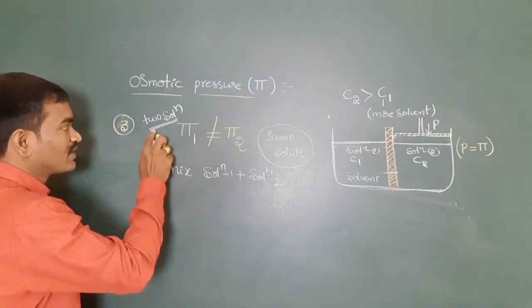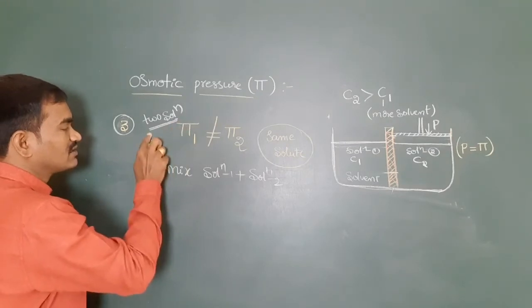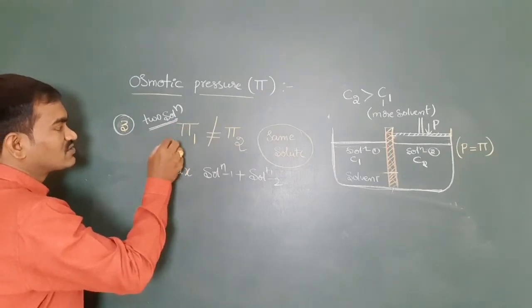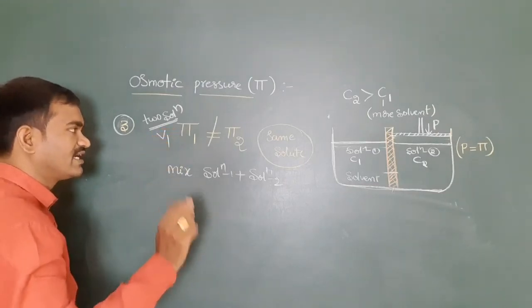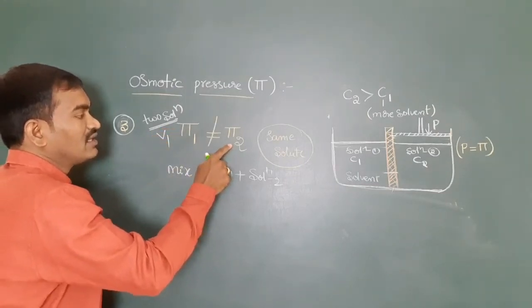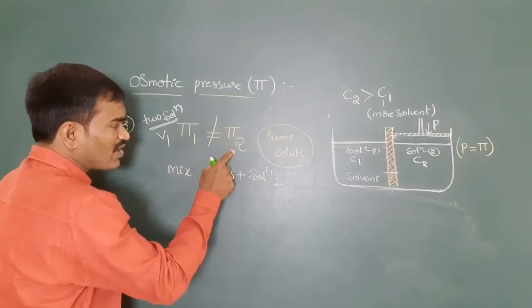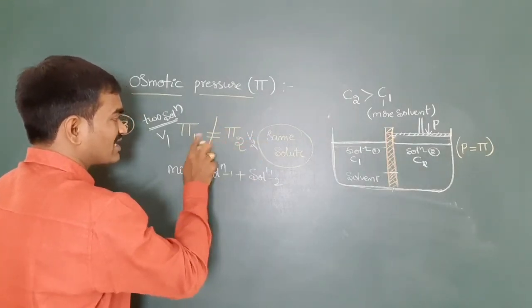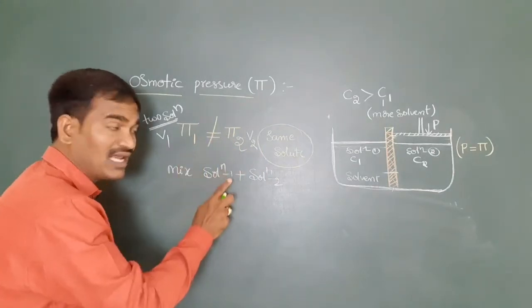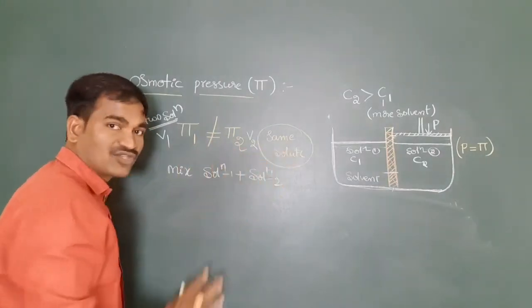So here see, two solutions I am taking. The first solution has osmotic pressure pi 1 and volume V1. The second solution has osmotic pressure pi 2 and volume V2. Both osmotic pressures are not equal and both contain the same solute.